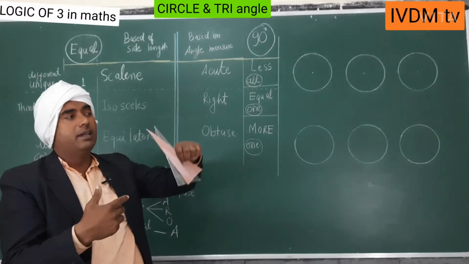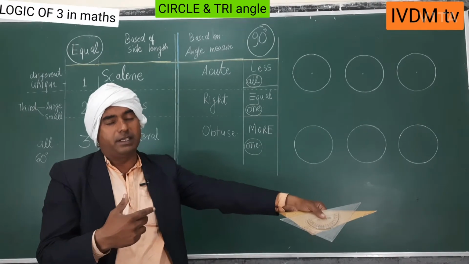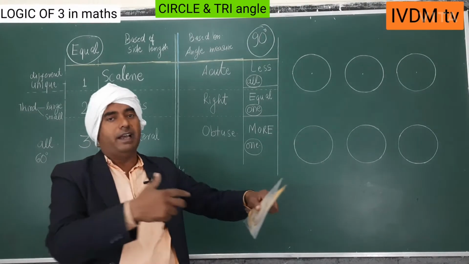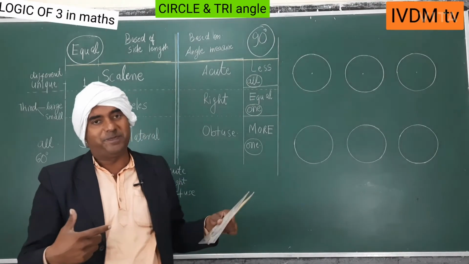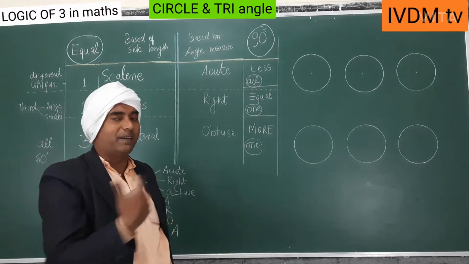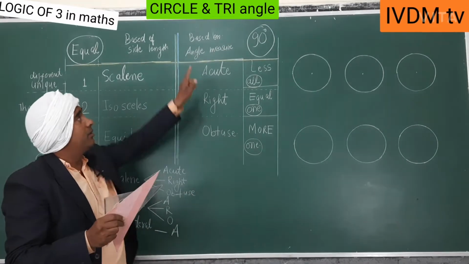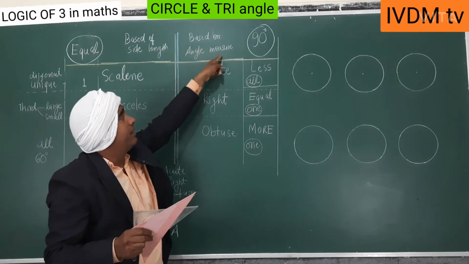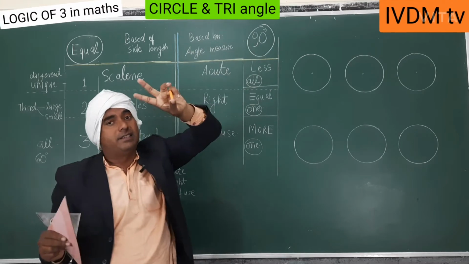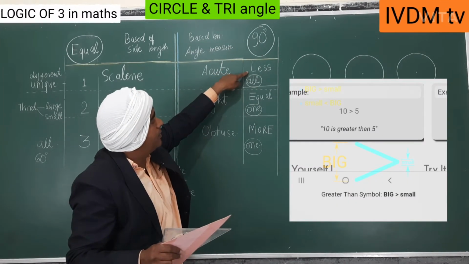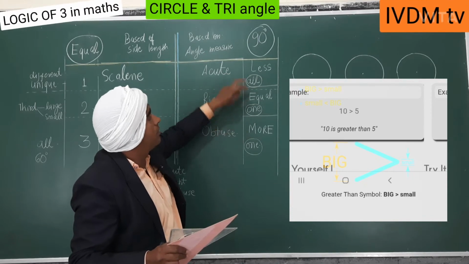If anybody is below 33%, that is fail. 33 means pass. So again, based on angle measurement with 90 degrees, we have three chances: either the angle will be less, or more, or sometimes equal.